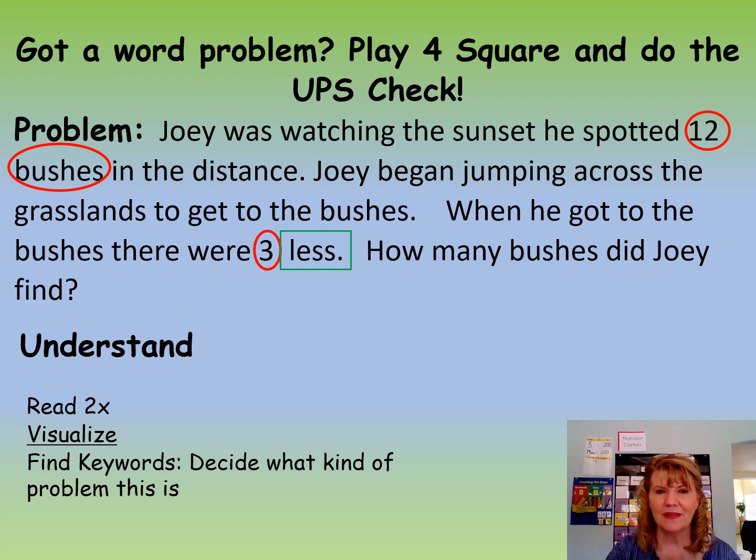We had the word less written under subtraction, and so we are boxing that word to help us know that we'll probably be subtracting to figure this out. And the final strategy is underline the question, how many bushes did Joey find?